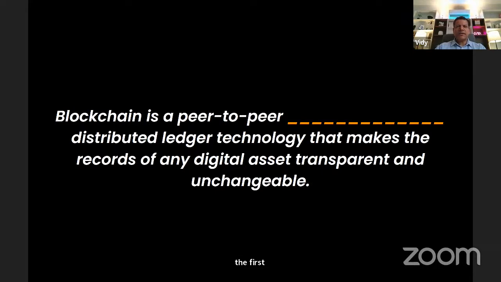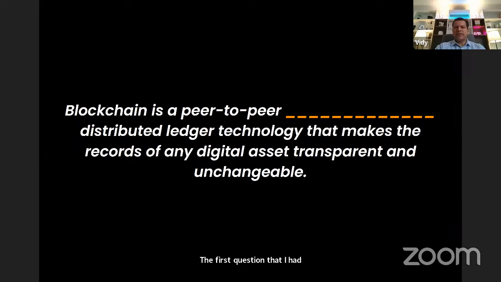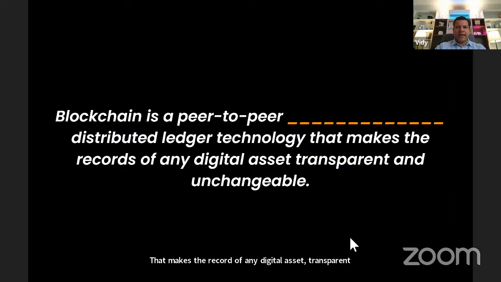The first question that I had was, blockchain is a peer-to-peer dash distributed ledger technology that makes the record of any digital asset transparent and unchangeable. So the answer to that is, let me see what all you have got first. Most of you who have replied have got it correct.